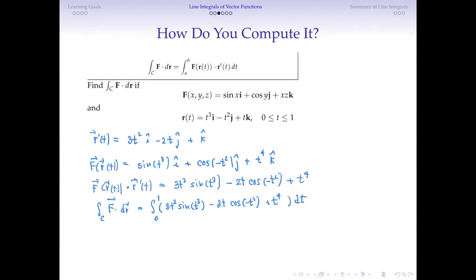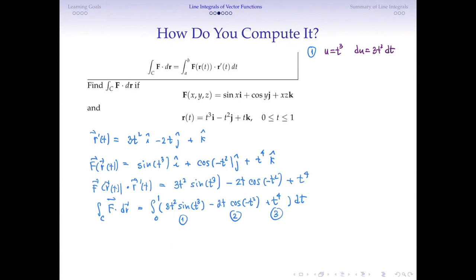Let me call these integrals 1, 2, and 3. The first two integrals are excellent opportunities to use integration by substitution. For integral number 1, I can make the substitution u equals t cubed and du is 3t squared dt.